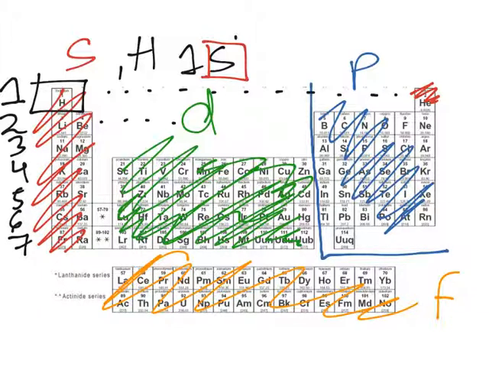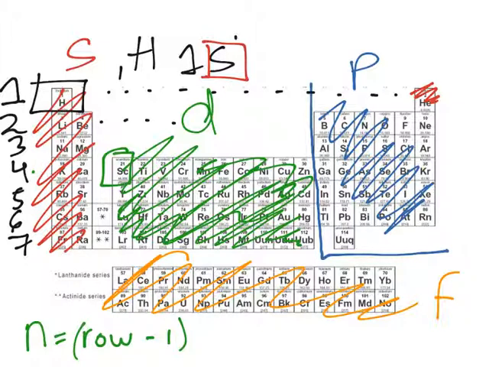But for the case of the n on the D, so I'll write as green, it will be the row or the period minus 1. So row minus 1. So this will actually be, for this one, let's say Sc, it will be 3D instead of 4, as you can see here, because you have to subtract 1.